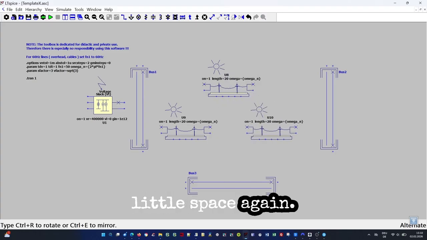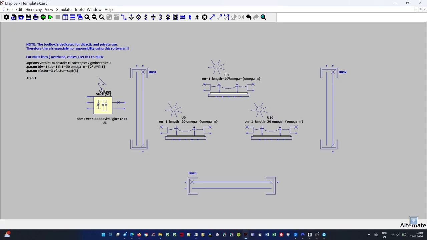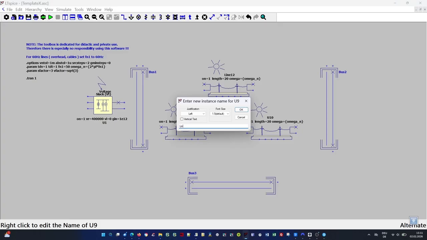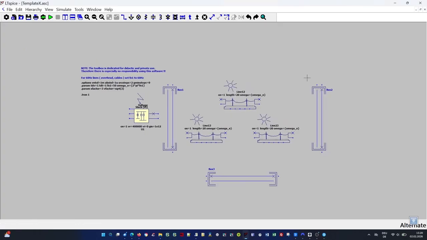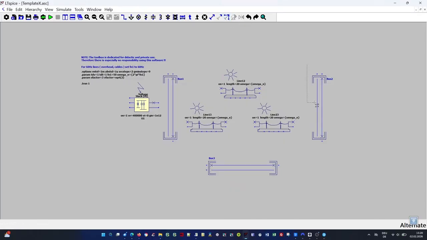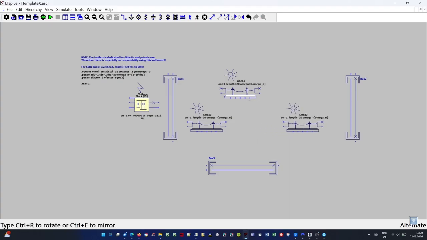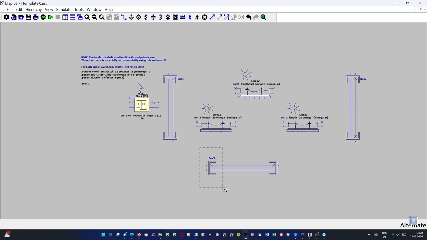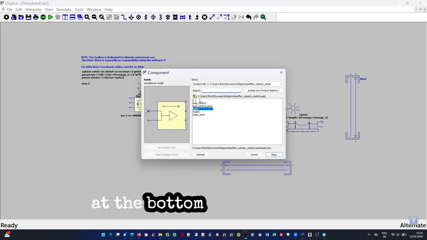Next, we create a little space again. A load element is inserted at the bottom of the circuit.